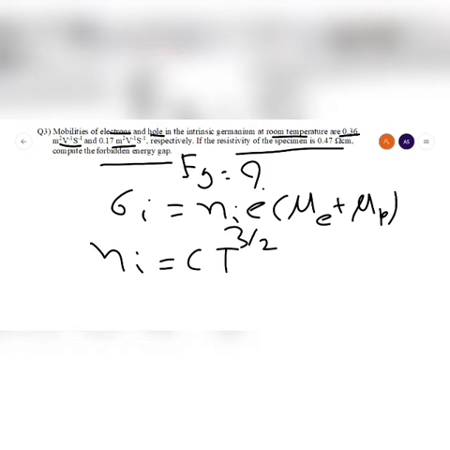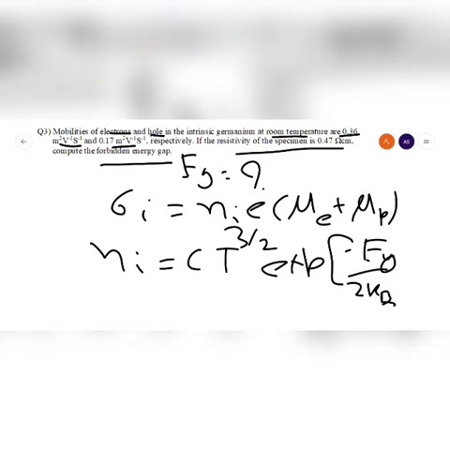You know the intrinsic conductivity formula, and the intrinsic concentration is C T to the power 3 by 2 times exponential term minus Eg by 2 kBT. Now the value of C is 4.83 times 10 to the power 21.